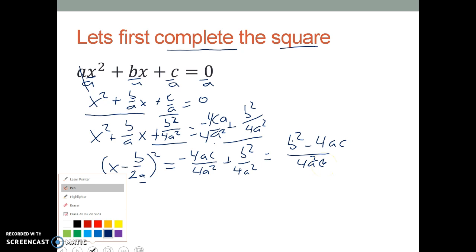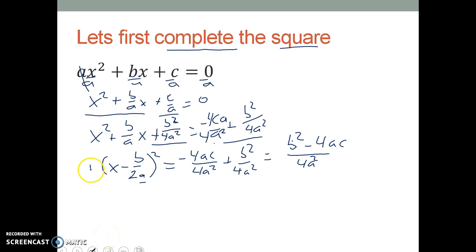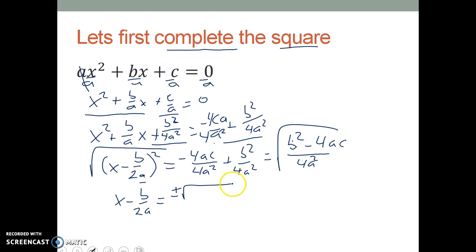So let me get rid of just this here. Okay, so then I'm going to go back and I'm going to take the square root of both sides. And so I'm going to have x plus b over 2a on the left, and that's going to equal plus or minus the square root of b squared minus 4ac over the square root of 4a squared, which is just 2a.